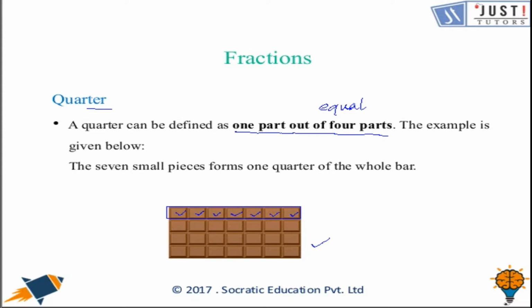So this is 1. Similarly, you'll have another 3 smaller parts like this. So there are 4 parts, and each one of them is actually a quarter. 1/4, 2/4, 3/4, and 4/4.